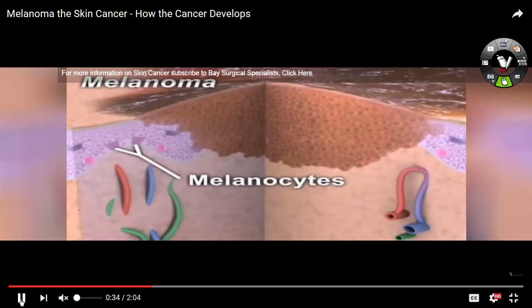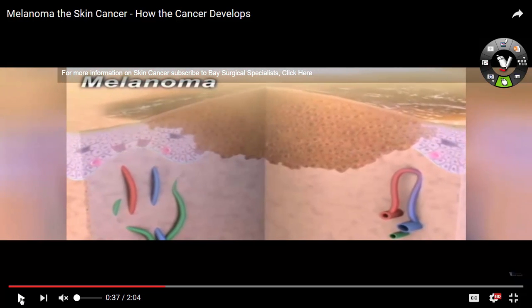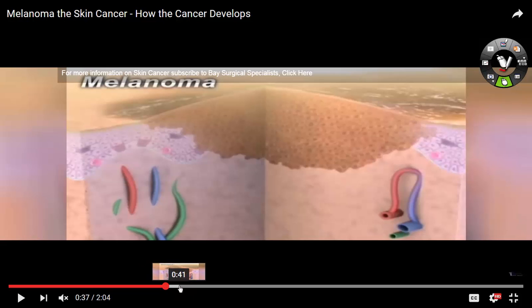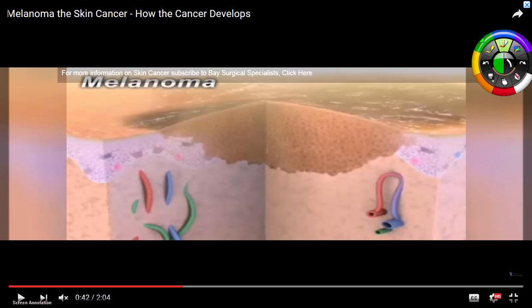So if you're exposed to carcinogens like ultraviolet radiation, sunlight can damage your DNA. So what's going to happen is if you mutate the tumor suppressor gene, DNA repair gene, and the proto-oncogene, these melanocytes will begin to divide out of control.